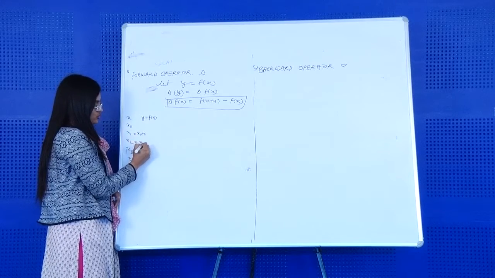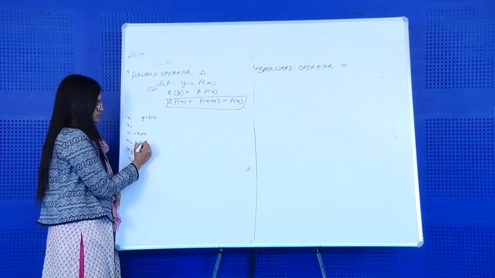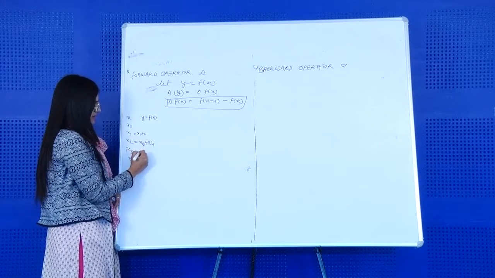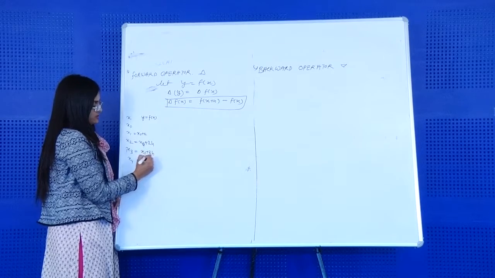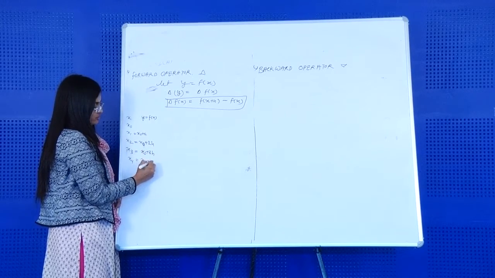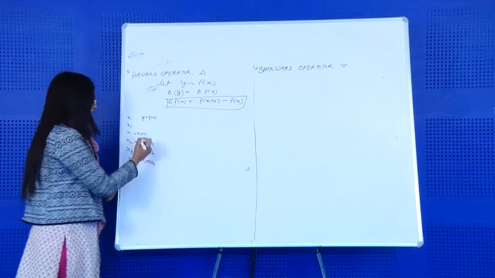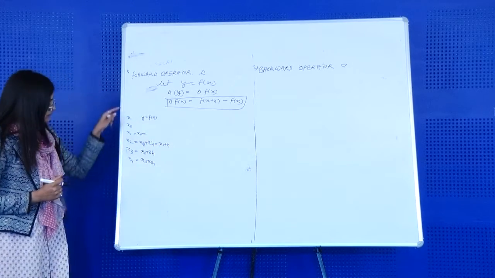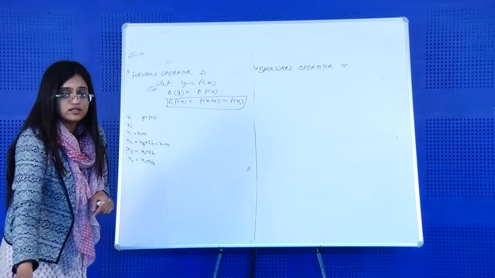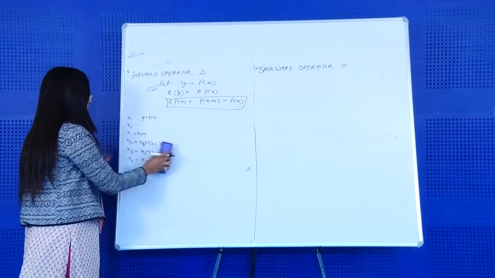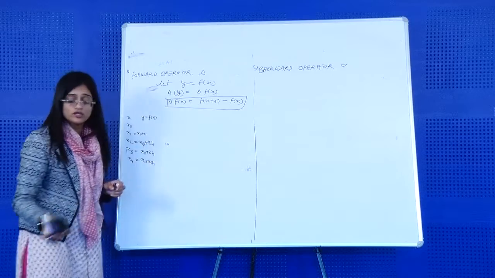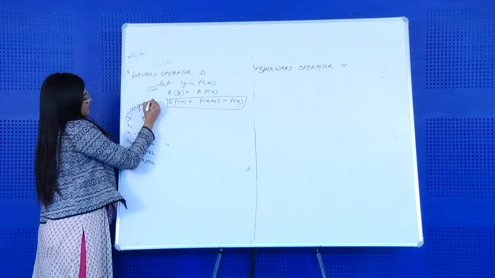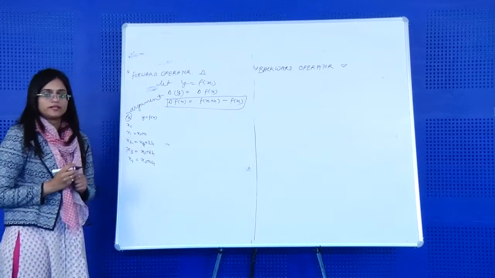You can get x2 with 2 increments at the x0 position, and similarly x0 plus 3h, and this one is x0 plus 4h. Or you may write this value as x1 plus h. So you can easily construct the values of x, and this x value is known as the argument of the table.